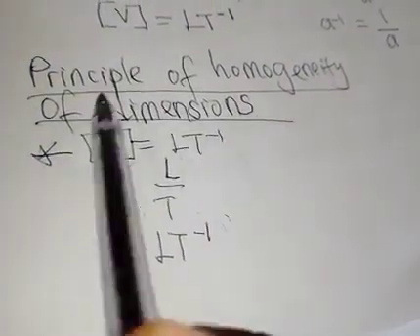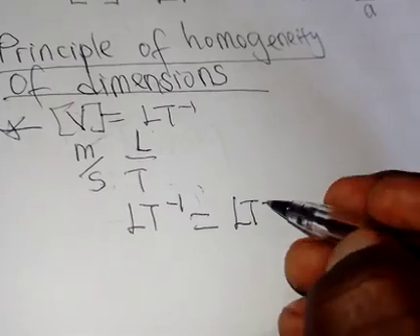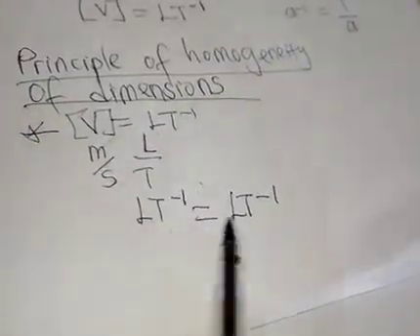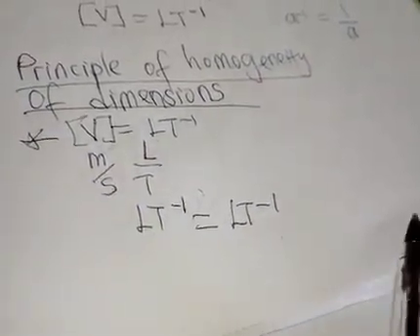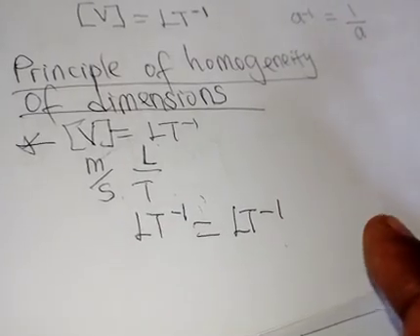This is what we have found on the left hand side, and on the right hand side we have L T to the power negative 1. So this is what we mean by dimensions on both sides of the equation should be the same. Let me repeat the statement again.